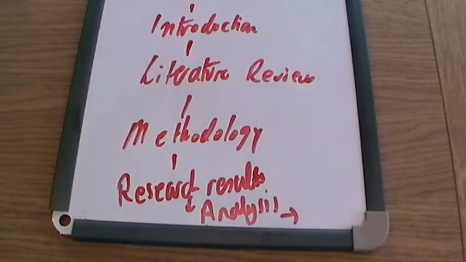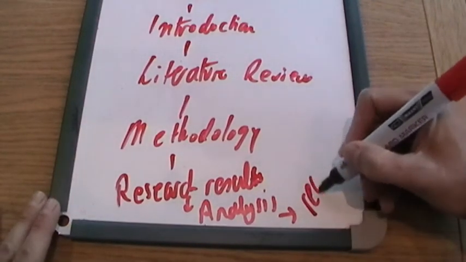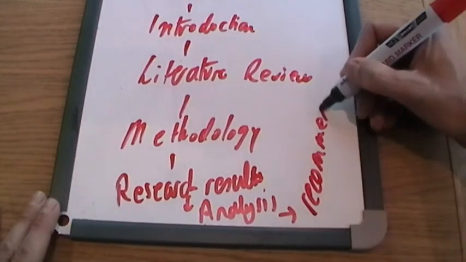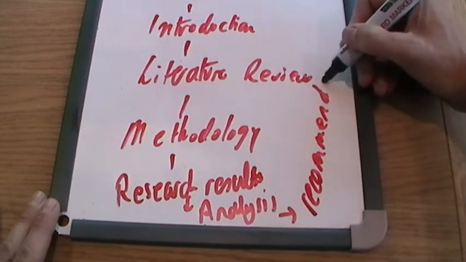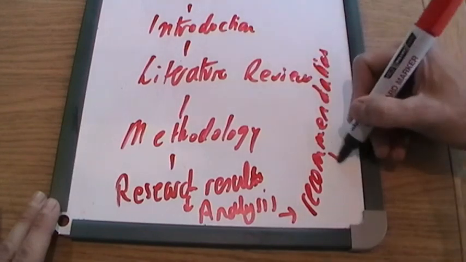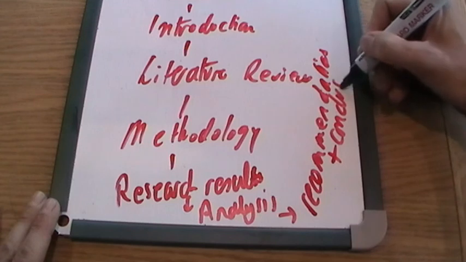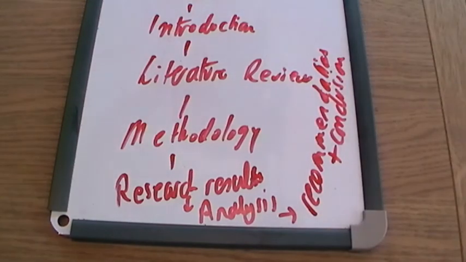So after your research analysis, and you've analysed all your research, then what you would have is your recommendations. So I'm going to run out of room here. Recommendations and conclusions. Now, depending on your type of dissertation, it might be, for example, that you are doing recommendations for something, maybe it's action research, and you're trying to find better ways to teach English grammar, or better ways to teach maths at Key Stage 2.